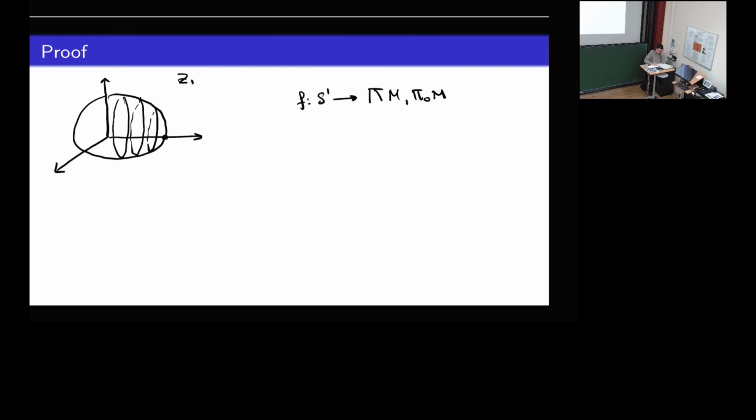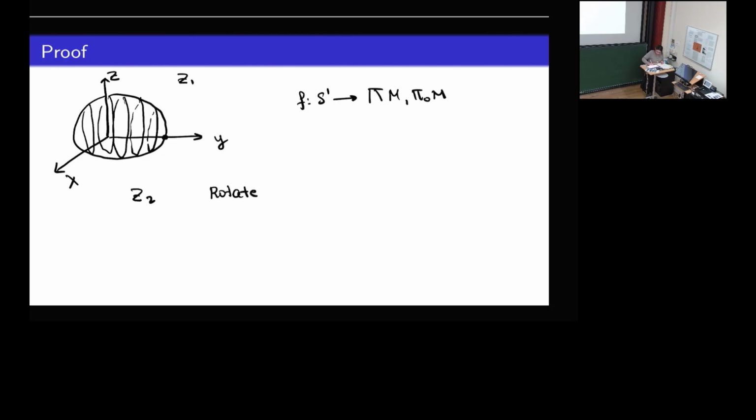I take a plane, so this is X, Y, Z, a plane parallel to XZ, and I just slice the sphere and obtain this class. This is already in Lyusternik-Schnirelmann's paper. Now here is the second cycle. The second cycle we obtain by taking this and rotating it by 180 degrees. It's going to be a two-parameter family of curves, and so this is a 2-cycle.